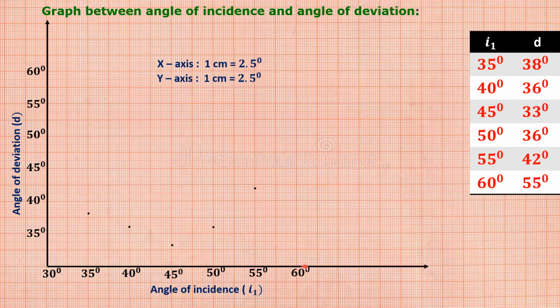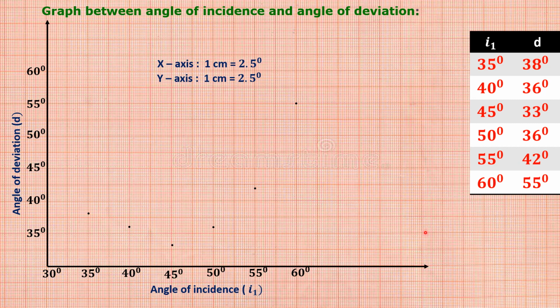Next, the angle of incidence I1 is 60 degrees, isn't it? So the angle of deviation we observed is 55 degrees. The point is here, 55 degrees. Now we have to join all the points.